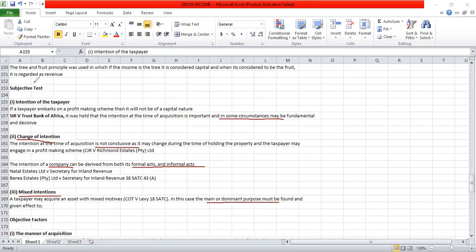And as the heading suggests, these are subjective tests, as you can see, that it can be very difficult to tell. But it's up to interpretation usually of the court or SARS to see whether it was of a capital nature or not. So if it's of a capital nature, it's not included in gross income. If it's not of a capital nature, it's included in gross income. Right. Any questions on the subjective test?